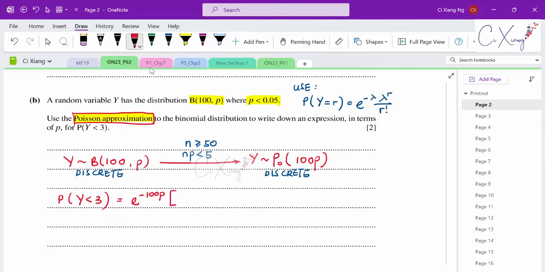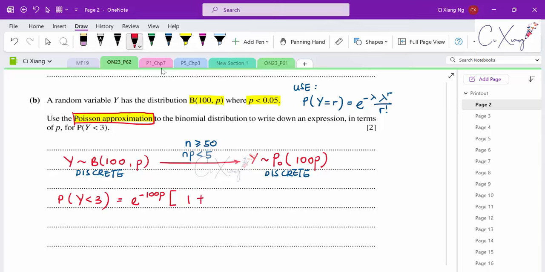The first term is the probability for Y equals 0: 100p to the power 0 divided by 0 factorial, according to the formula. Anything to the power 0 divided by 0 factorial is always 1.